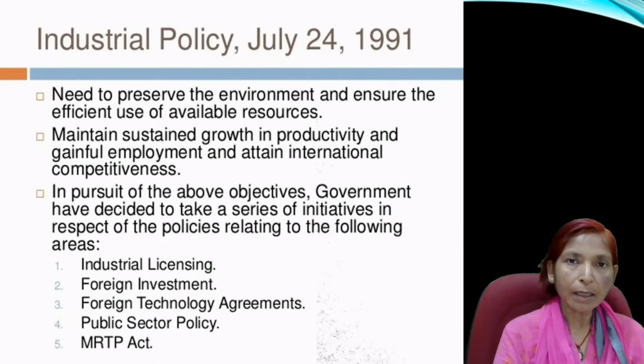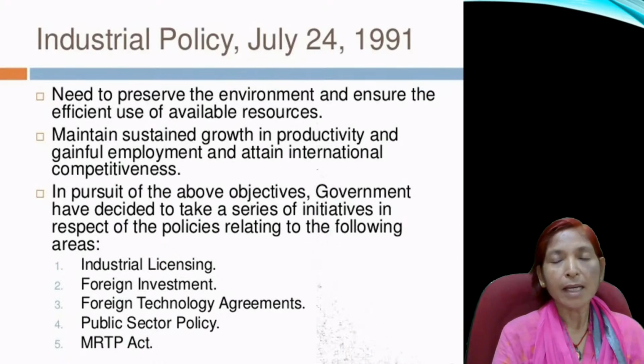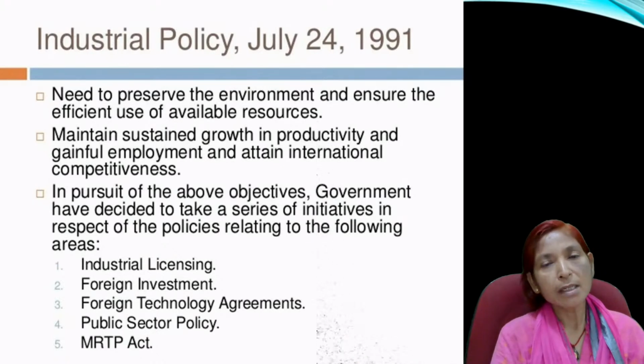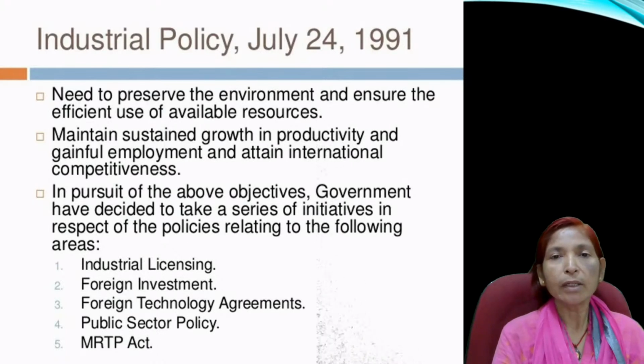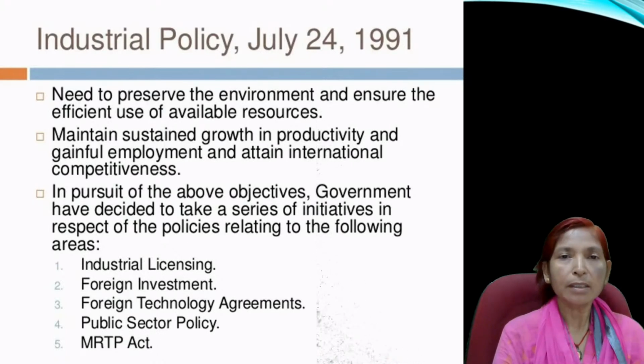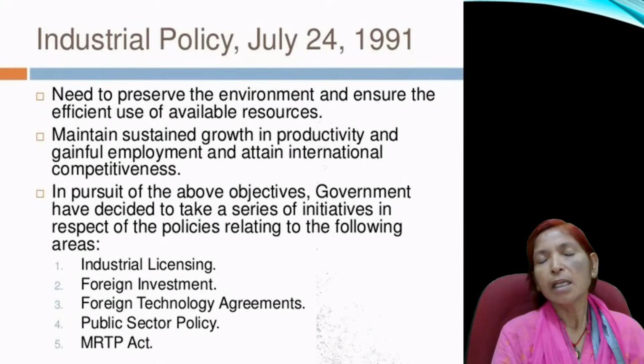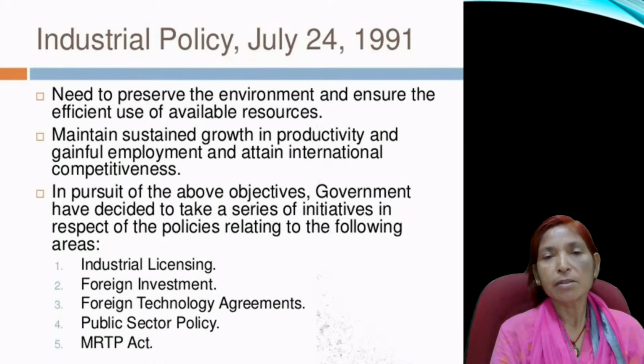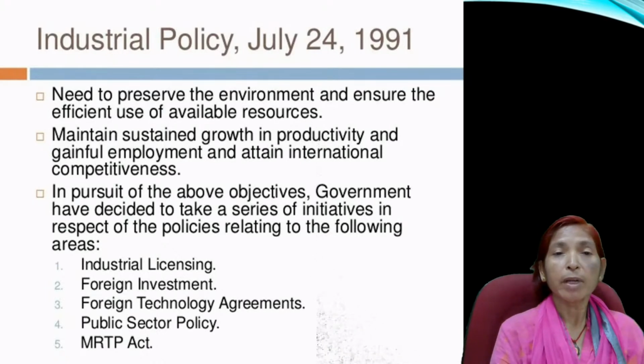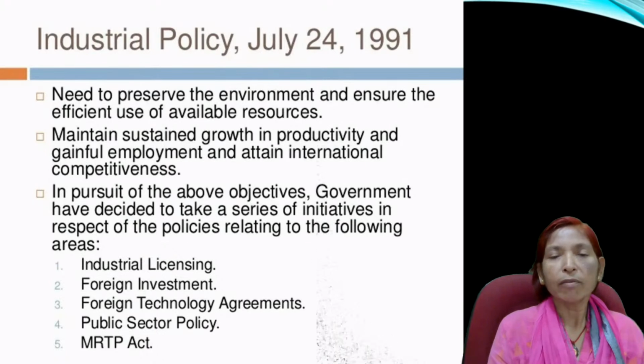But in the 1991 policy, this act has been abolished. At present, the Competition Act 2002 is in force. At present, government is not imposing any limit or criteria for investment by big industries. It means government gives freedom to invest whatever amount of money you can invest.